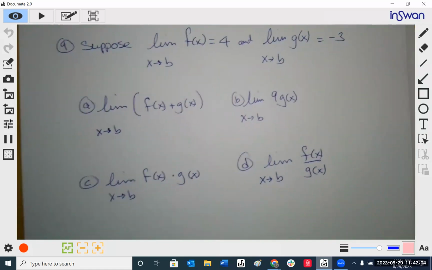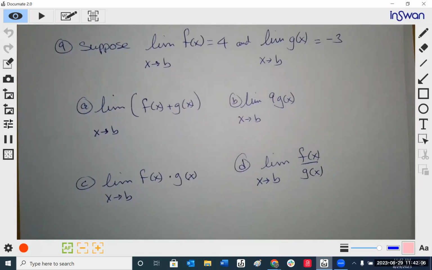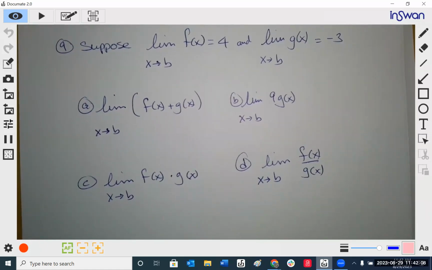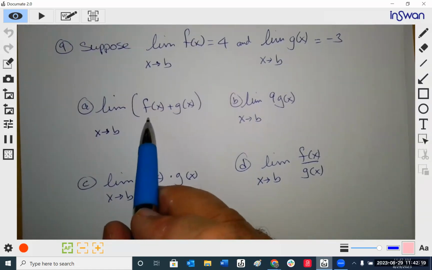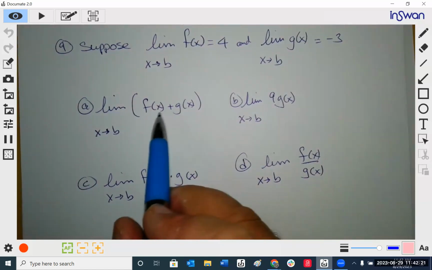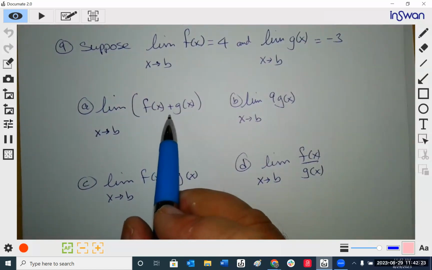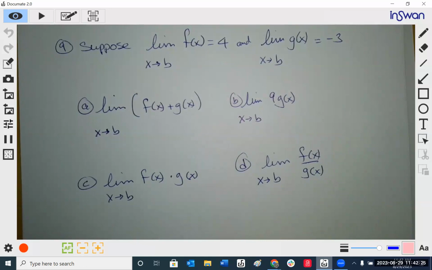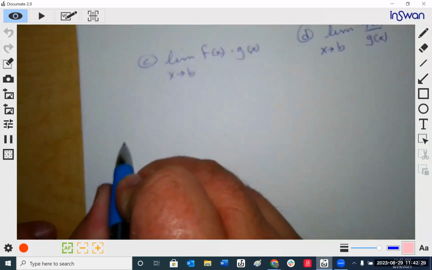What this one's really telling us or asking us is, do we remember the rules of limits, of combining limits? Basically, what it's telling us is this.